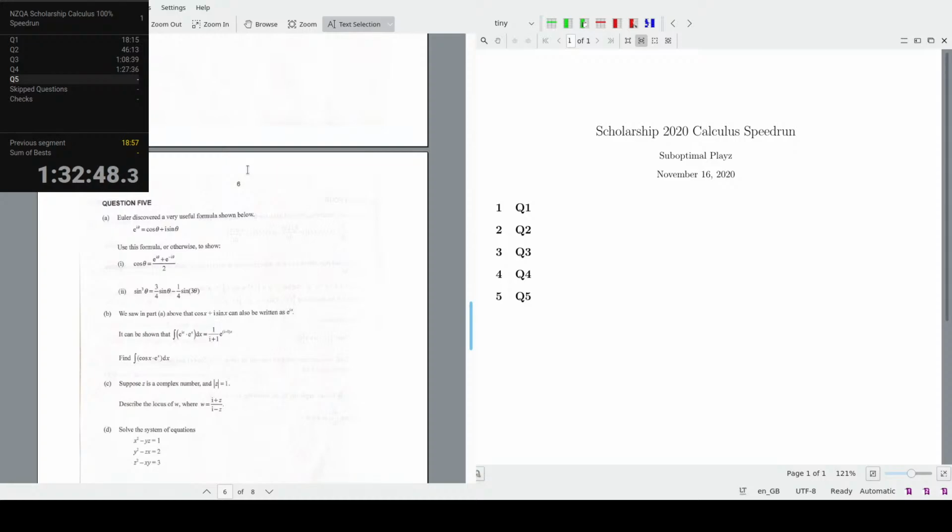Right, so this is like, because of part AI, the integral of cos x e to the x dx is equal to a half of e to the x times e to the ix plus e to the x times e to the negative ix dx by part AI.